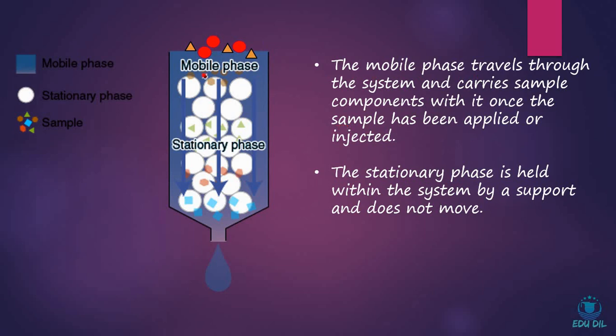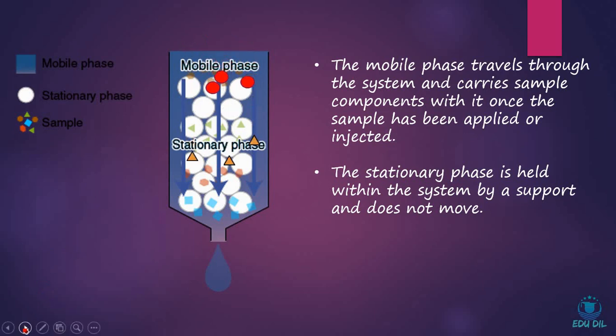The stationary phase, which remains here, is held within the system by a support and does not move. The stationary phase is immobile inside the column, held within the system by different types of supports. And we'll see how this happens.